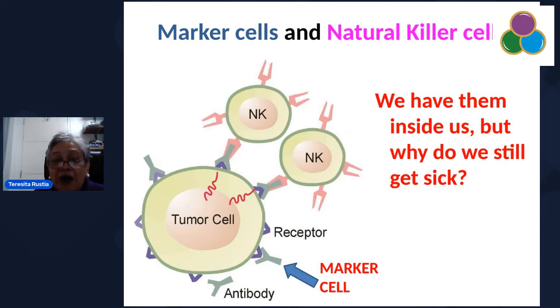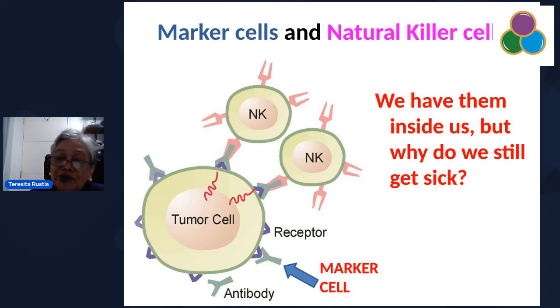So around the tumor cell, there are receptor sites. Now, the marker cell or T cell will attach itself to the receptor site, and with that, the natural killer cells could distinguish that this is a tumor cell or a cancer cell, an abnormal cell that must be destroyed.